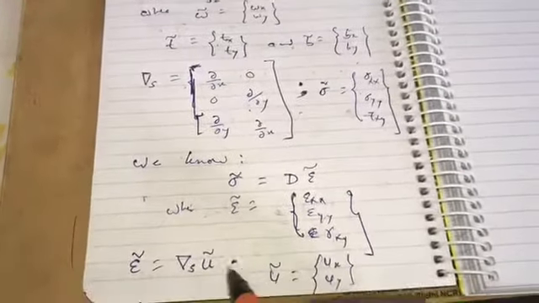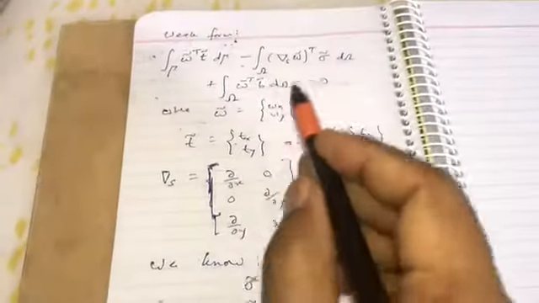Okay, so this thing we can put in this equation to get the further complete version of the weak form.